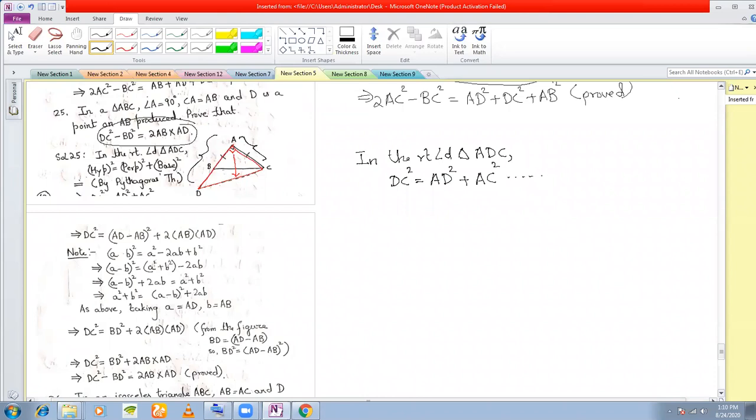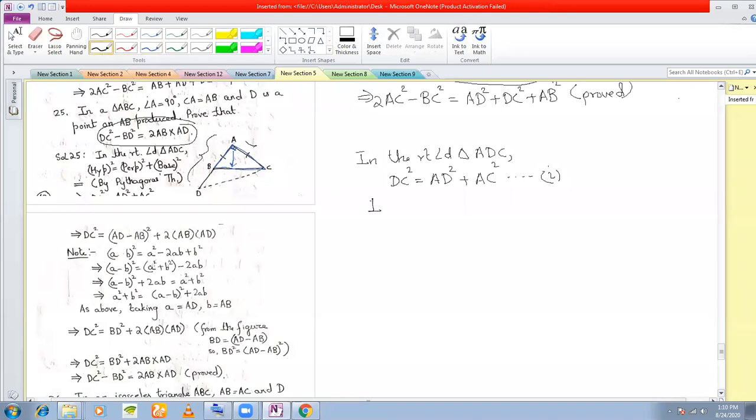You have got this relation. Let us call this relation 1, because we have got this from this right angle triangle. Next, I will consider the smaller right angle triangle, this blue one. You have this right angle here, opposite to this right angle should be your hypotenuse.